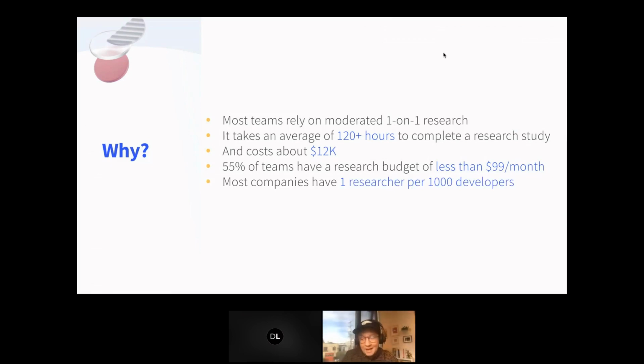Compounded with that, teams are typically hamstrung by the lack of expertise in the organization. They might have one UX researcher per 1,000 developers. You can see that the breadth of how often this kind of testing could take place gets bottlenecked by the sheer number of individuals able to do it.